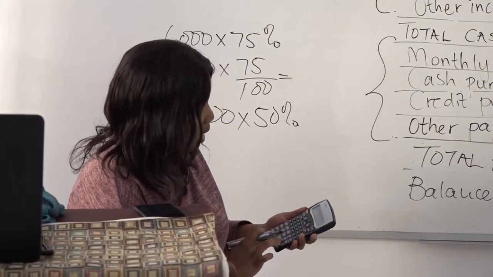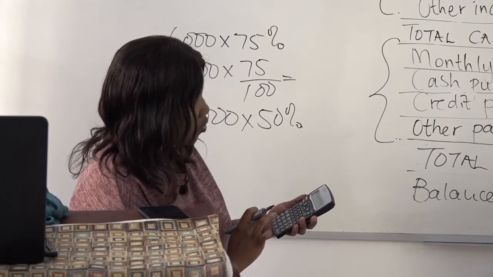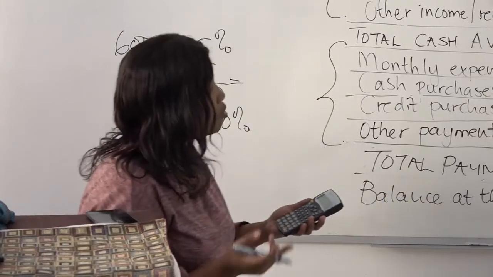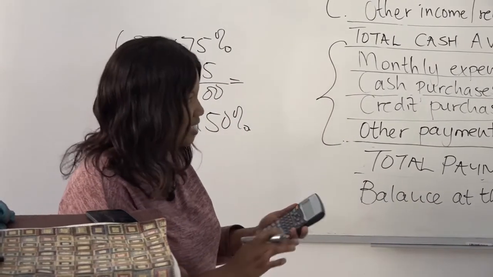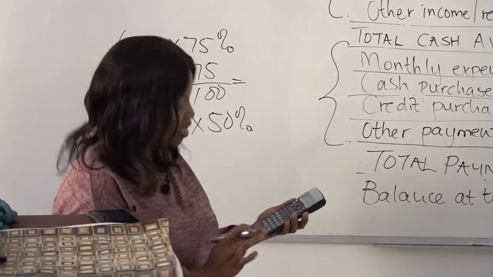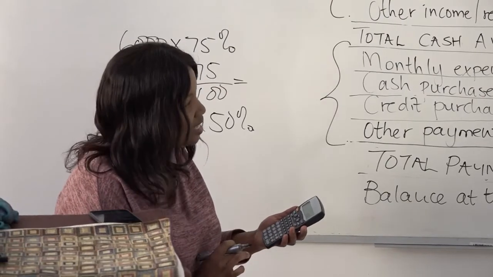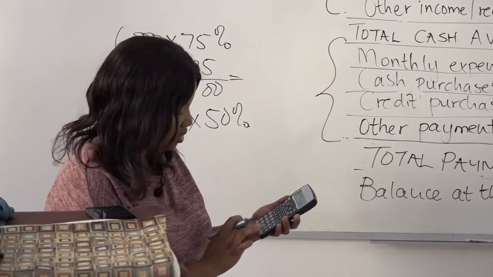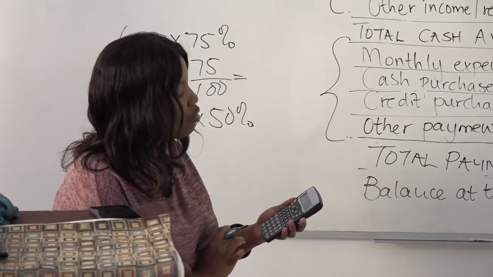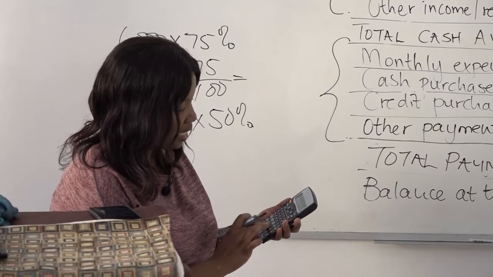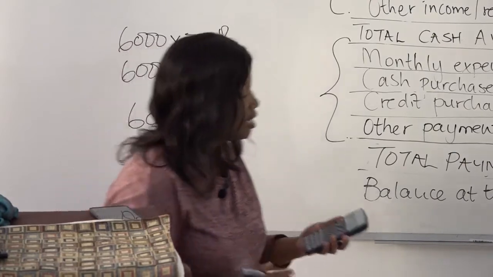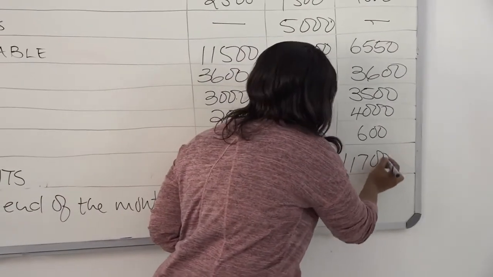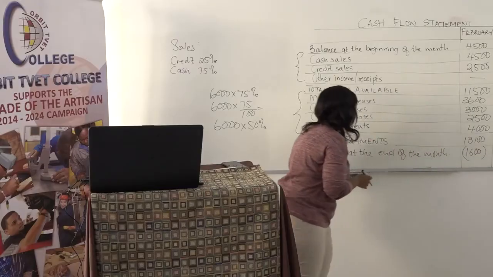There's a mistake that I made, but let's correct it quickly. Remember, we're working with numbers. Sometimes it's not easy. It's actually monthly expenses of 3,600 rand plus 3,500 for cash purchases plus credit purchases of 4,000 rands plus 600 rands. Then the total is 11,700 rand. It is a positive amount, obviously.